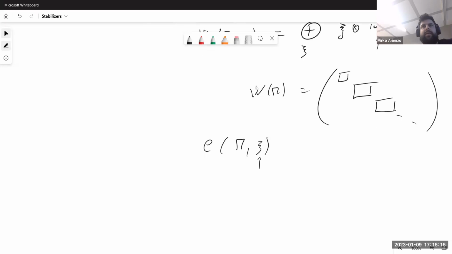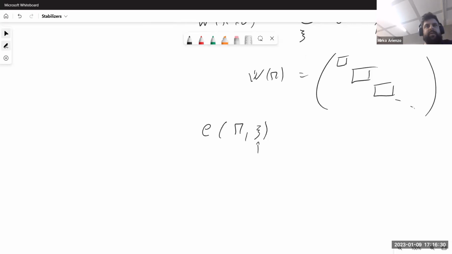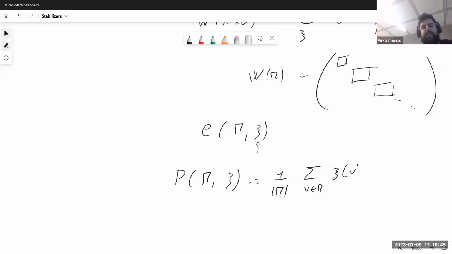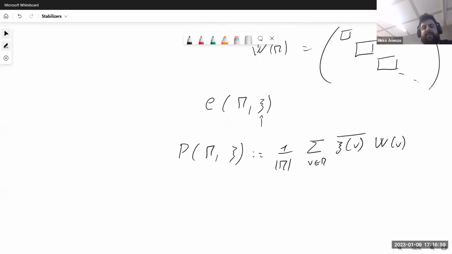And we can find the dimension of this subspace, because if we define this operator here, it is 1 over the cardinality of M, times the sum over all vectors B in M of psi of B complex conjugate, times W of B. Then one can prove that this is a projector, and actually a projector on C of M xi.